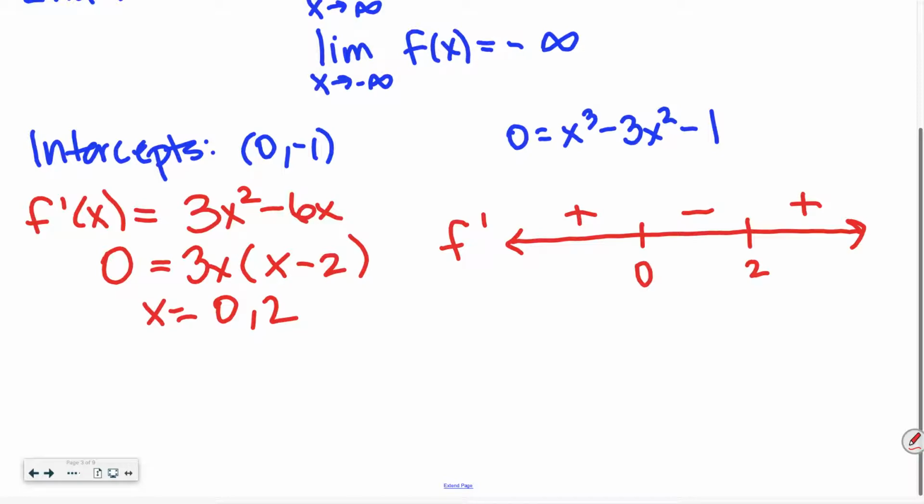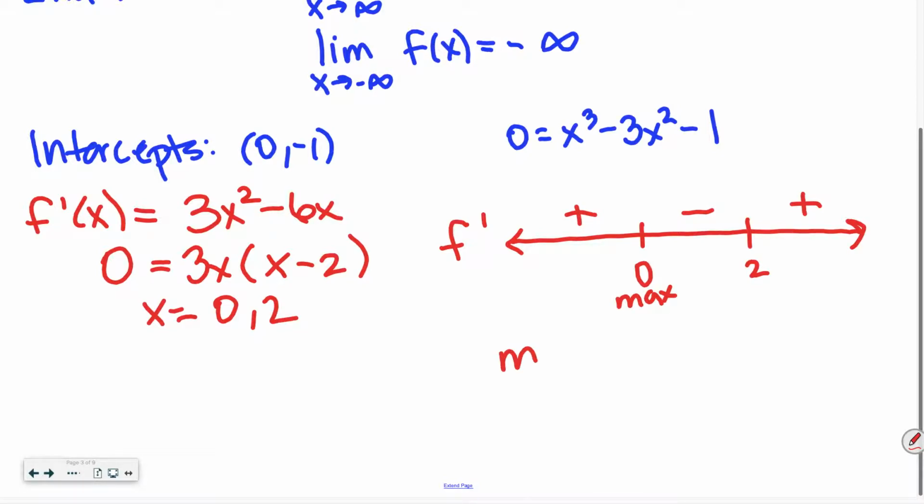Now, on the quiz or test, I'll have a place for you to write the intervals of increasing and decreasing. This sign chart is a nice thing for you to look at. What's happening here at 0? We have a maximum.